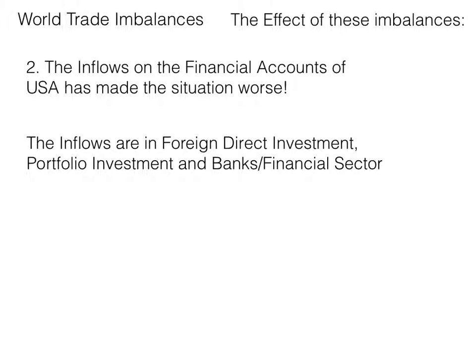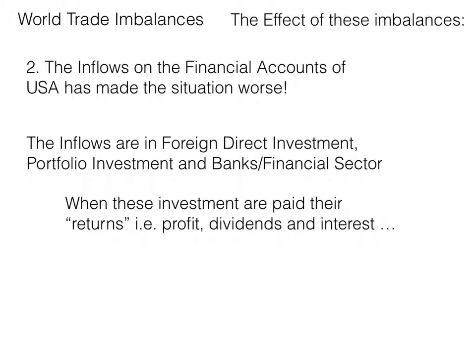Remember that these inflows are foreign direct investment, portfolio and banking inflows. And when the USA receive that investment, which is on the financial account, they have to pay a return on those investments. So foreign direct investment returns a profit, portfolio investment pays dividends, and banks pay interest.